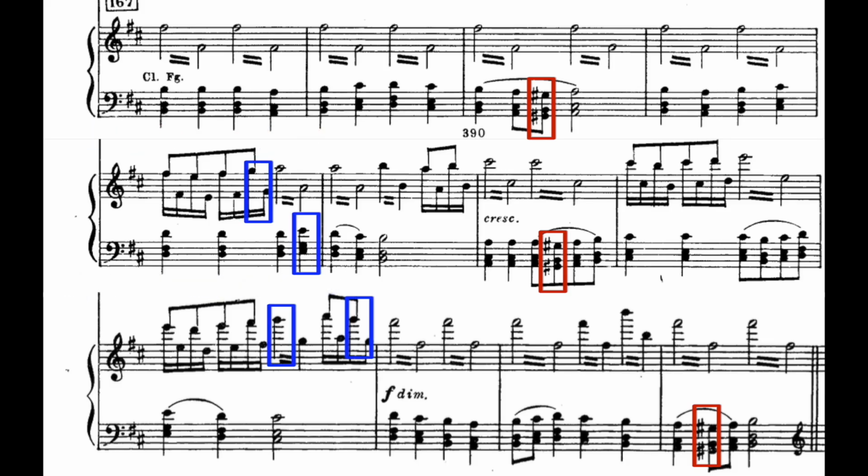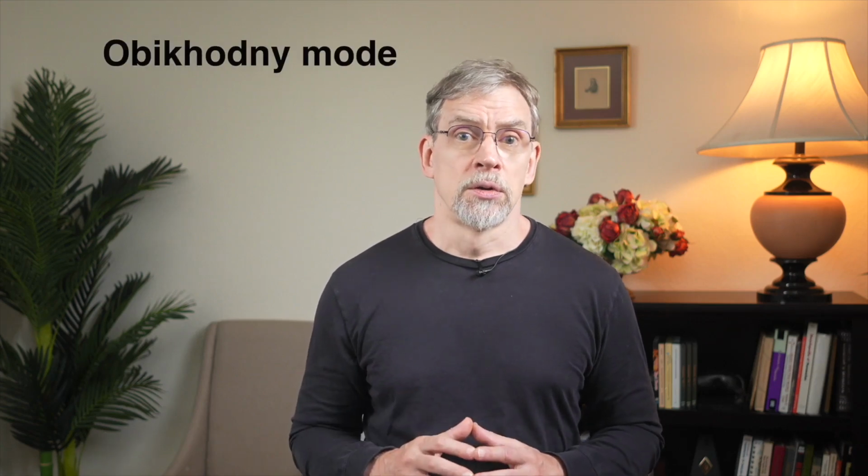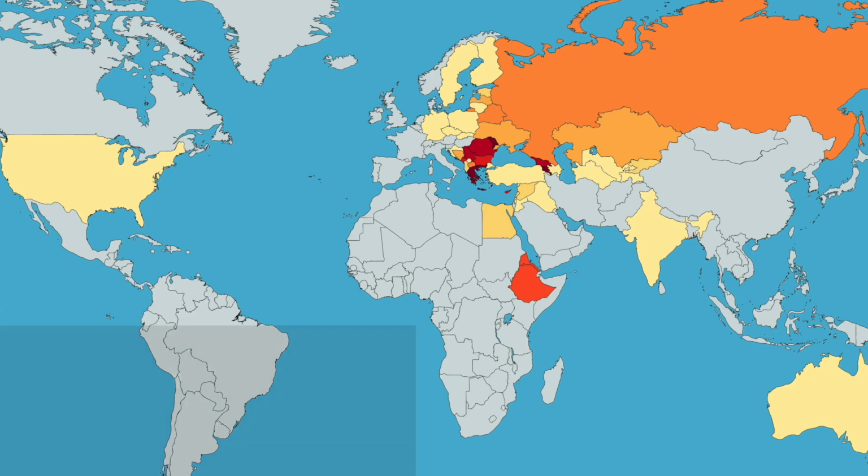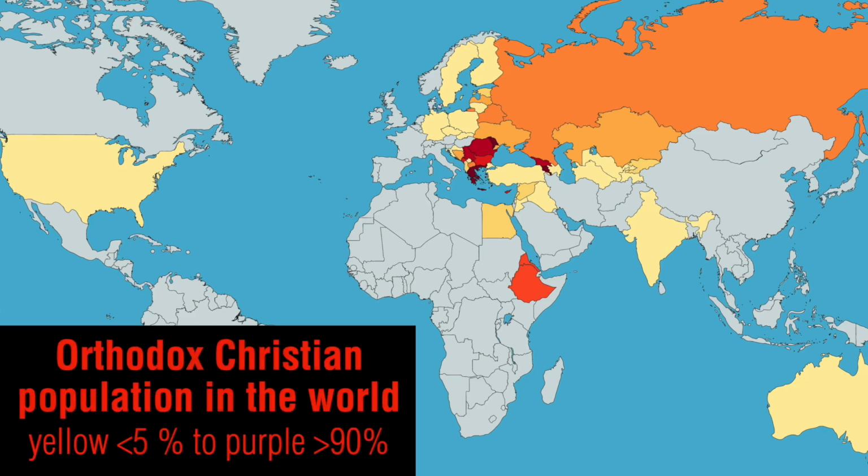Musicologists call it obikhodny mode. It is quite common in Russian ecclesiastical and folk music. Similar modes are typical for the Orthodox plain chant from Greece to Georgia. Such modes sound more tense than the regular major keys due to the dissonance of split G, G sharp, like in this case.